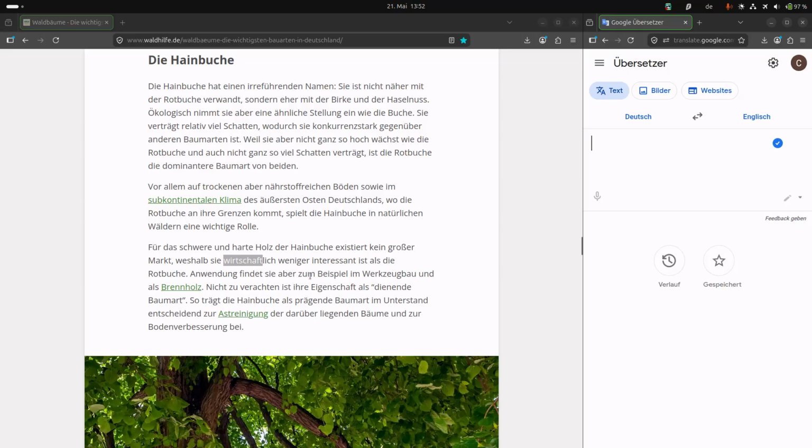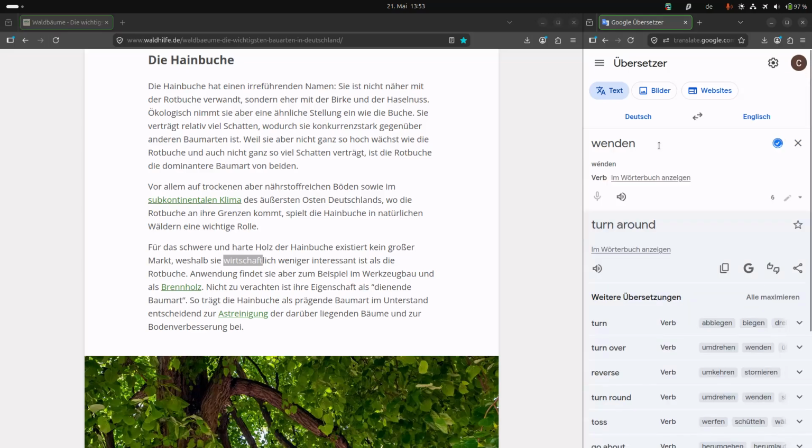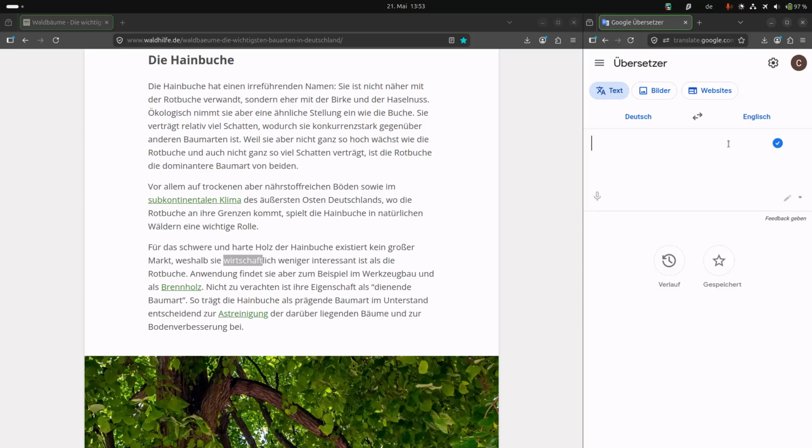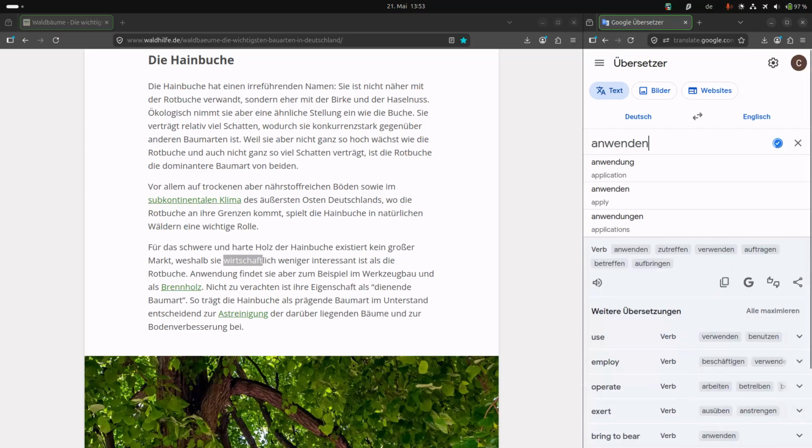Anwendung findet sie aber zum Beispiel im Werkzeugbau und als Brennholz. Anwendung, I think in its core derives from the word wenden, which means to turn around. Anwenden means to use, to practice, apply, yeah.